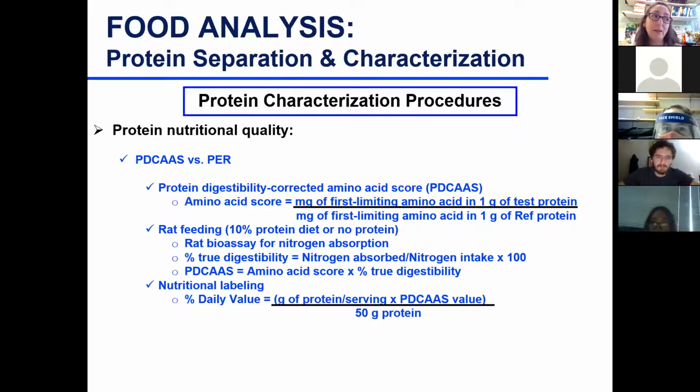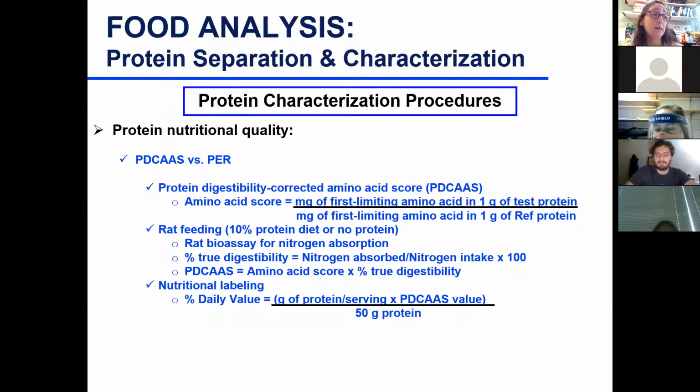So we basically look at the amount of nitrogen that did not get absorbed, in the feces of the animal, and then determine how much of that nitrogen got absorbed from the total amount taken by the animal. So nitrogen absorbed over nitrogen intake, and we get a percentage there.